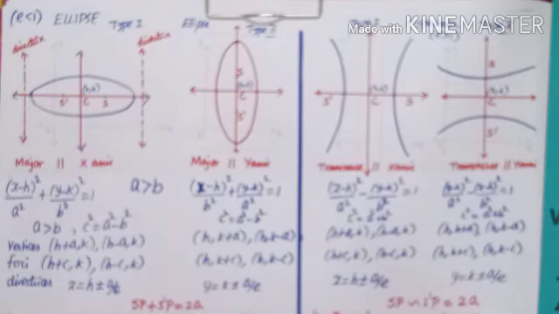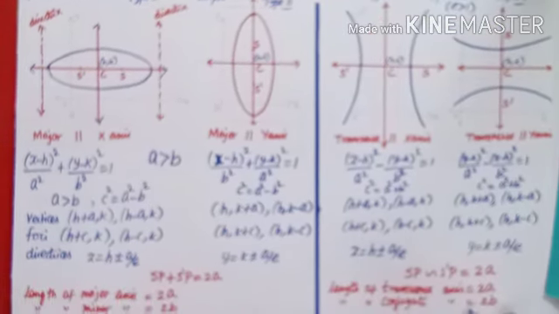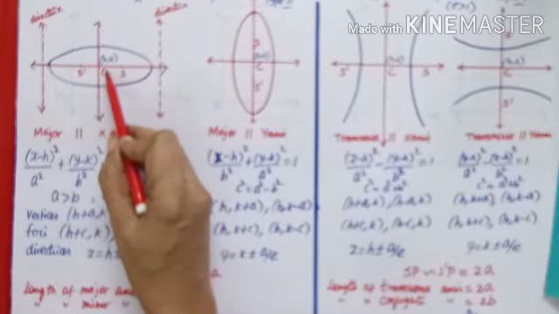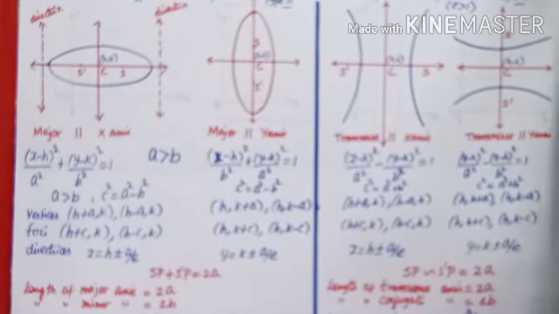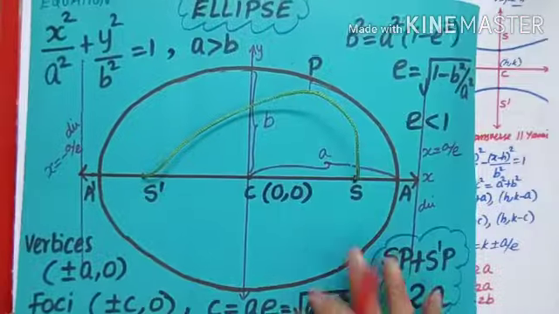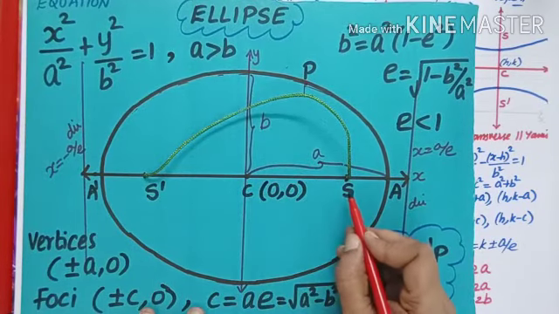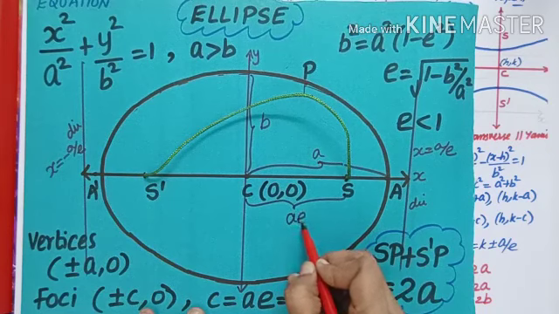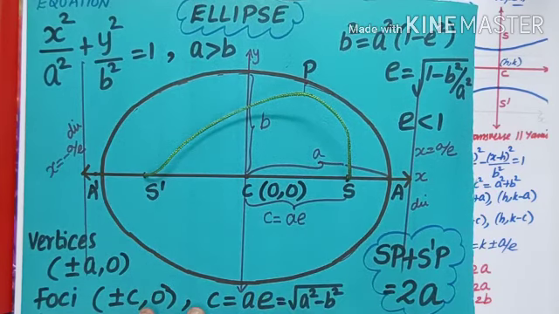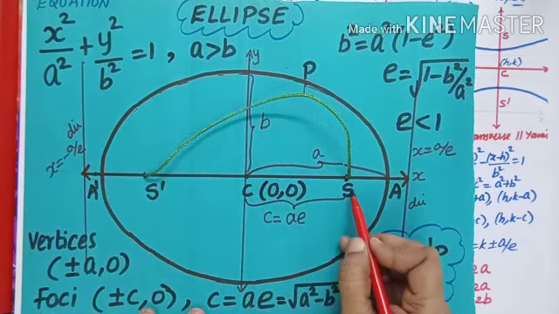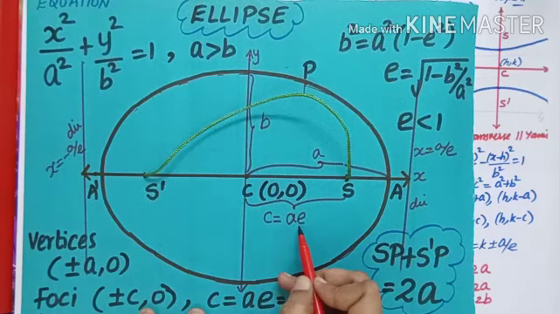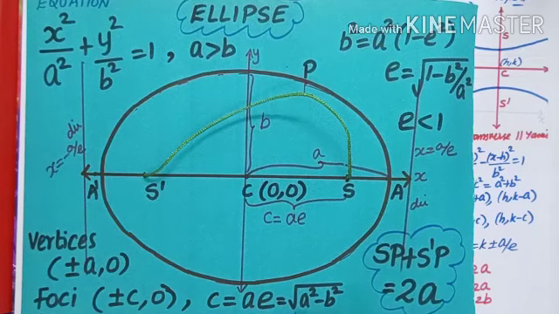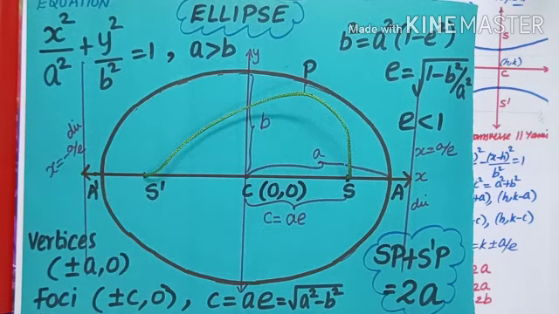Here also we remember a technique of doing the problems. Center to focus. What is the distance? As I see, center to focus, we call AE, or I will say that is C. Center to focus, either I call AE or I remember it is C. C is root of a square minus b square.